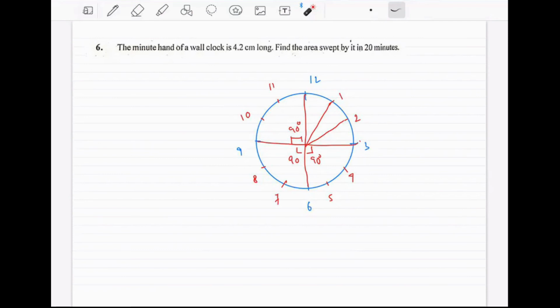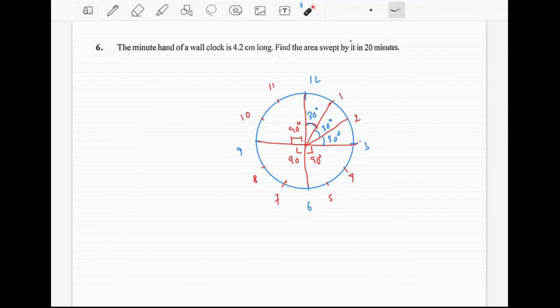So how much will each angle be? If the total is 90 degrees, one angle will be 30 degrees, right? So when the minute hand goes from 12 to 1, the angle is 30 degrees. When it goes from 1 to 2, this is also 30 degrees. When it goes from 2 to 3, it is also 30 degrees.